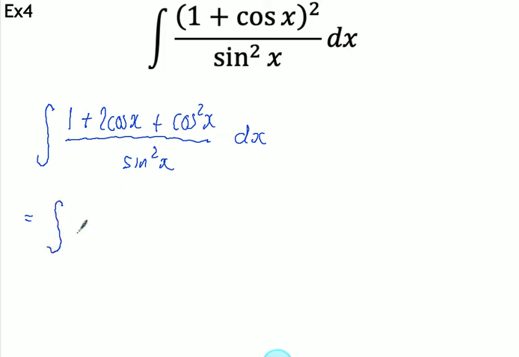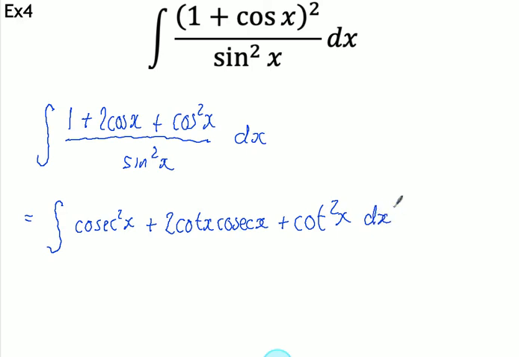So still an integral. 1 over sine squared is cosec squared x. 2 cos x over sine squared x is a little bit more awkward, but that is 2 cot x cosec x. And cos squared over sine squared is cot squared x.